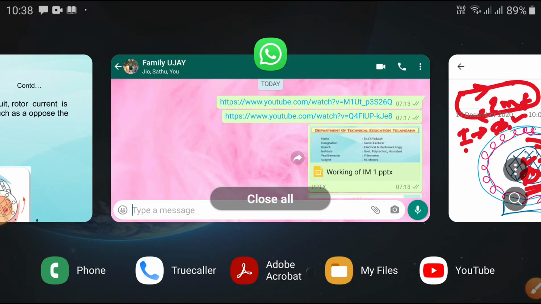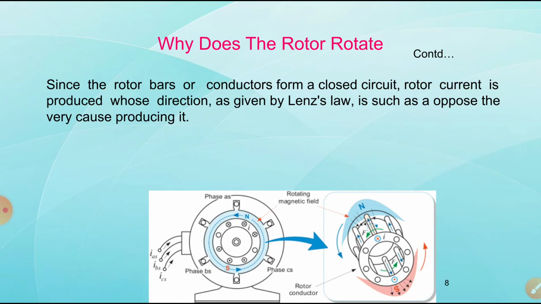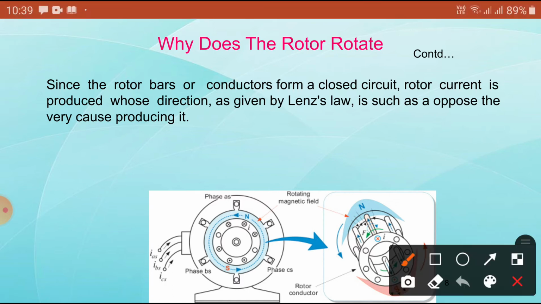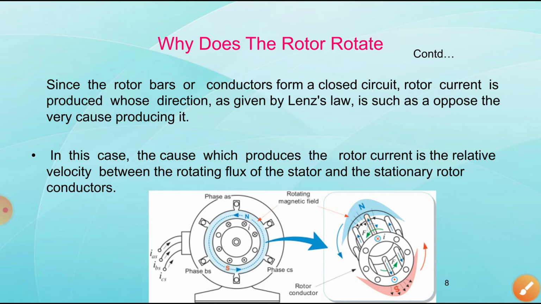Now coming to our topic, here what has happened? The rotor bars or conductors form a closed circuit. A rotor current is produced whose direction, as given by Lenz's law, opposes the very cause of its production. Now here Ganesh opposes his father Shiva. In this case, the cause which produces the rotor current is the relative velocity between the rotating magnetic flux of the stator and the stationary conductors.